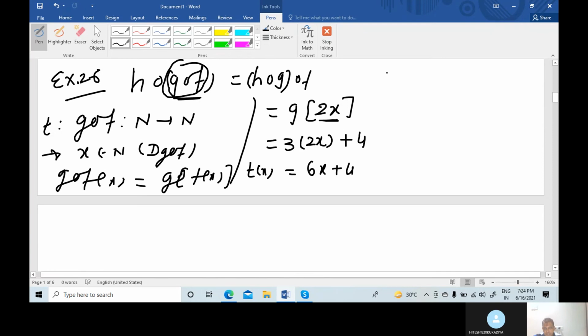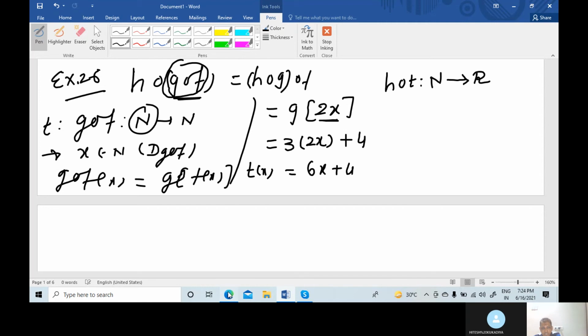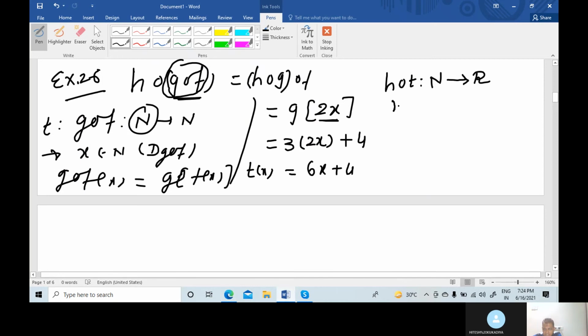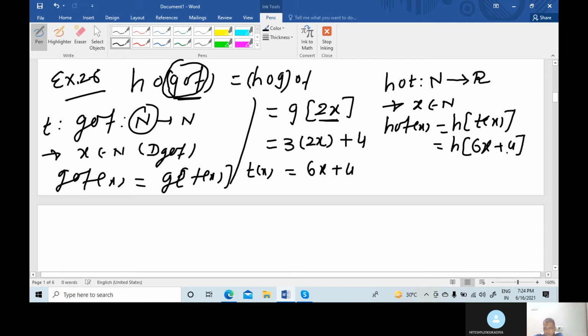Now the composition of the three functions, h∘t. We take the domain of t as N, and the codomain of h is R. Now calculate: every x belongs to N, (h∘t)(x) = h(t(x)). t(x) equals 6x + 4.